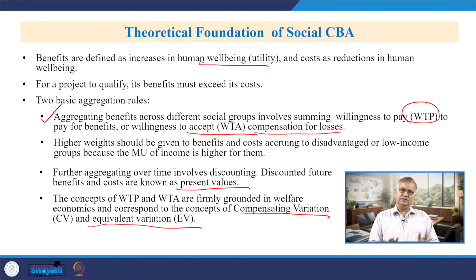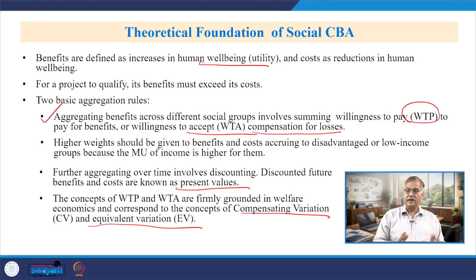Compensated variation means when the price of a particular product increases, then the utility will decline for the consumers. So, in that case, consumers may be given additional income to keep the utility constant. The second concept is equivalent variation. In case of equivalent variation, if the utility of a person is to be shifted from the initial level to a new level, there may be two ways.